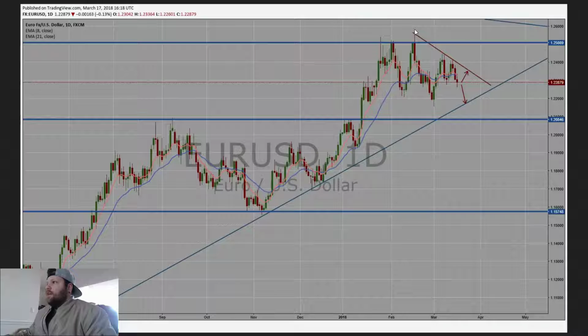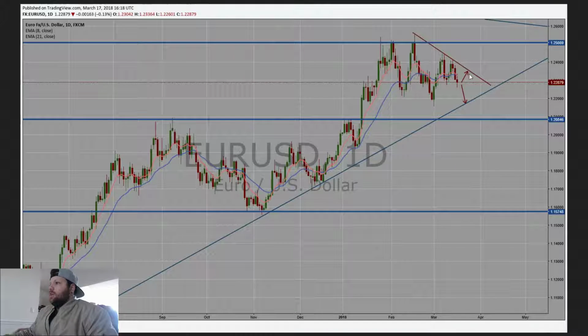Daily time frame, same trend lines drawn. Honestly, this is very, very similar to the weekly time frame. Not much has changed with this, because we can see the bullish, bearish trend that's going on right now.